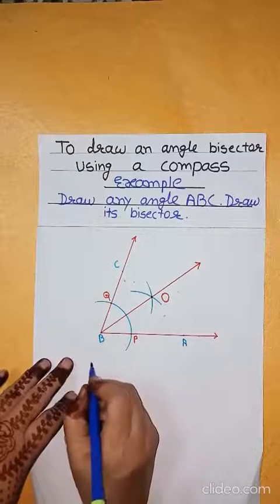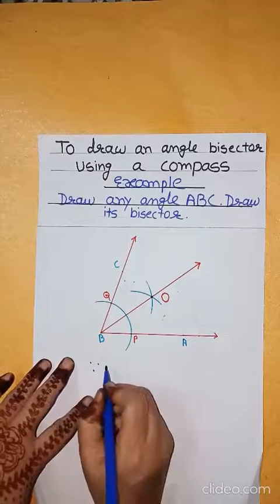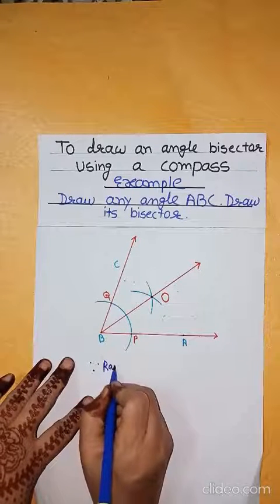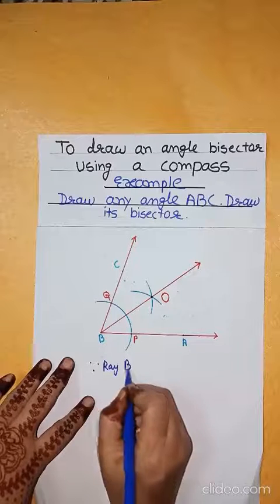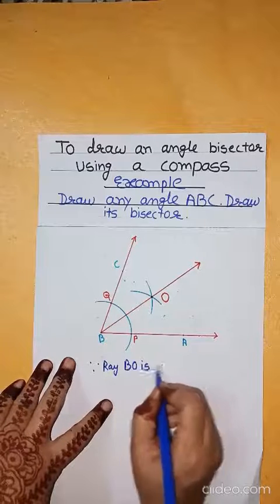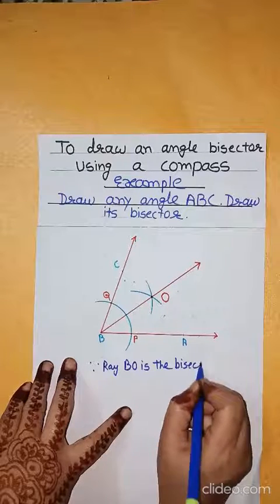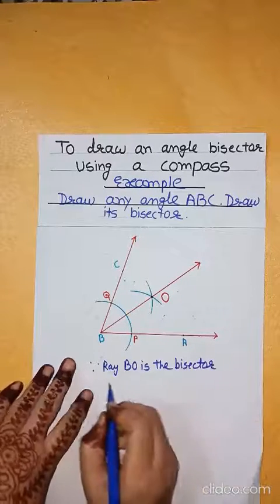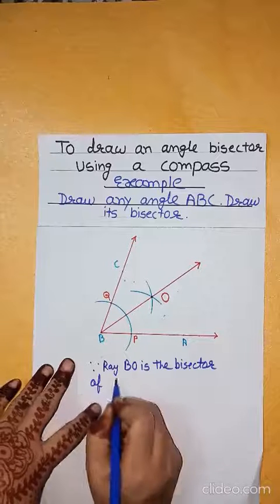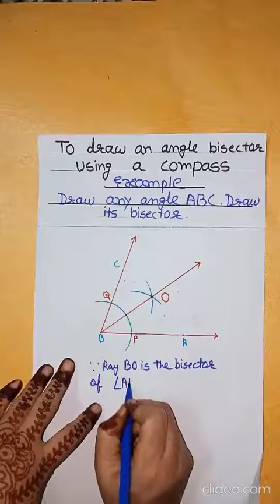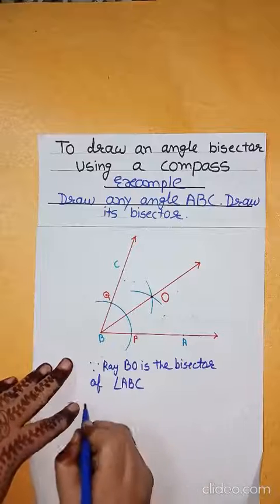since ray BO is the bisector of angle ABC.